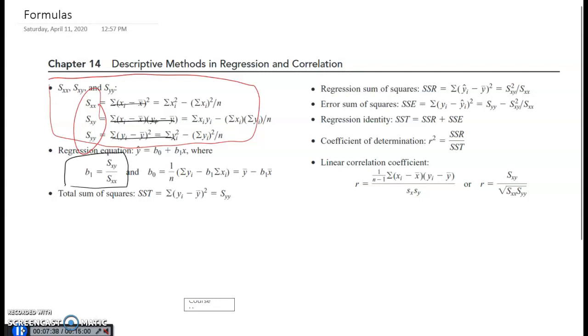The slope is your S of xy divided by S of xx.